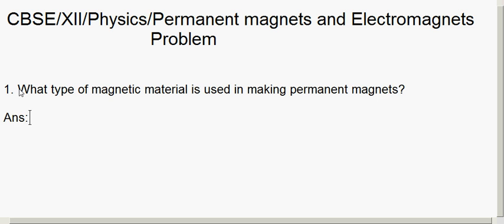The materials which are used for permanent magnets and electromagnets should have high permeability. But other than that, magnetic material for permanent magnets should have high coercivity.